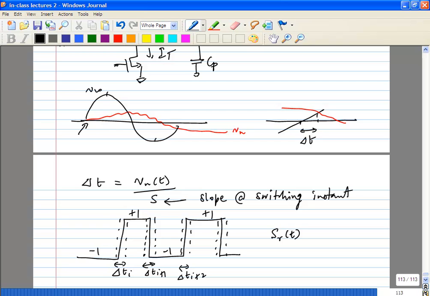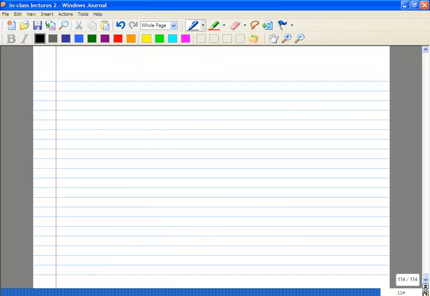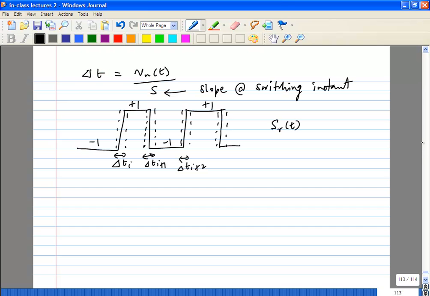We are going to write SR of t as S of t, which is your ideal switching waveform, plus a bunch of pulses at minus 1, plus 1, and so on, which contribute to the zero crossing change.